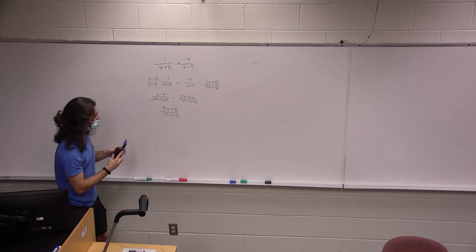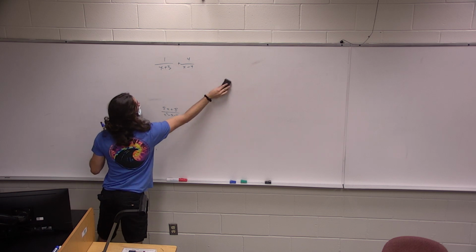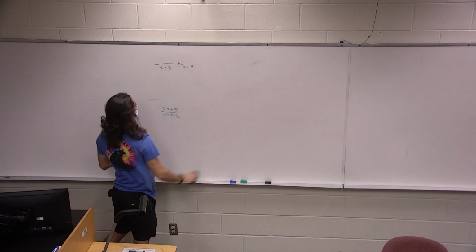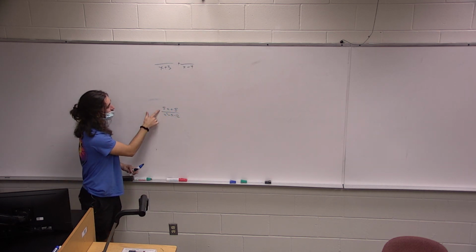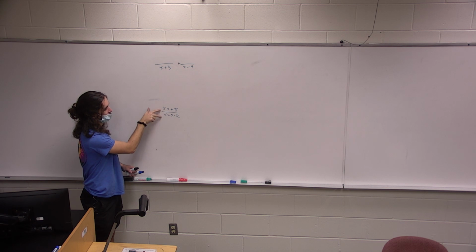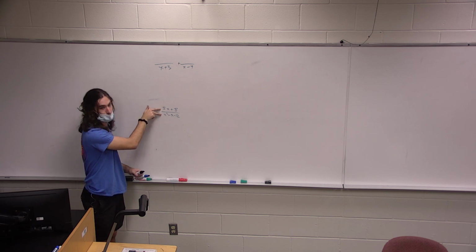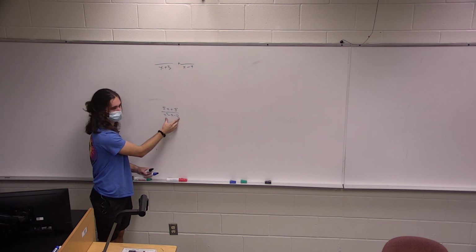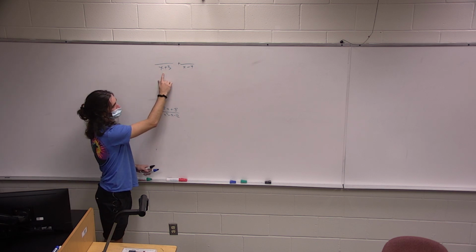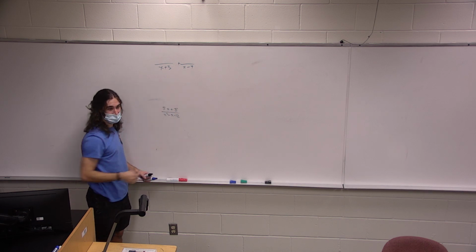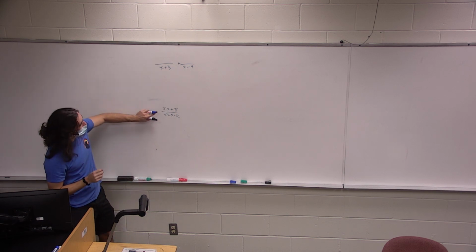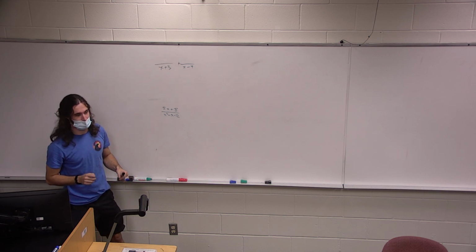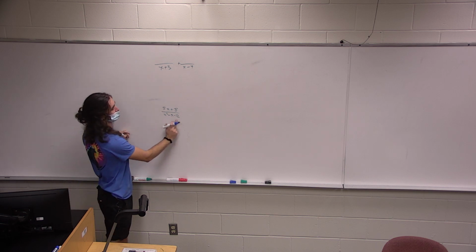Right. Okay. So again, though, let me ask you the same question. You think it could go backwards, right? In fact, here's the trick. If you see something like this, which is a large fractional expression, or a rational expression, they call it, where it's a polynomial over another polynomial. If you observe that this denominator factors as x plus 3 times x minus 4, then it's actually guaranteed that there's some way to split it up as the sum of two partial fractions, where those denominators are the factors of this denominator.